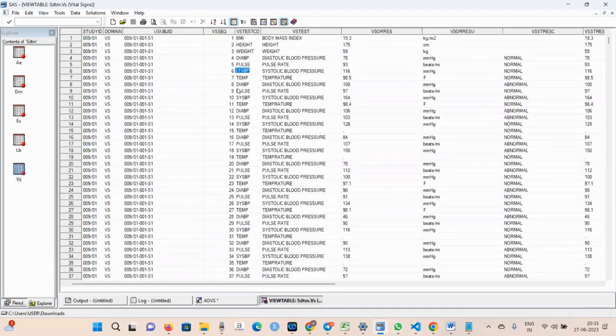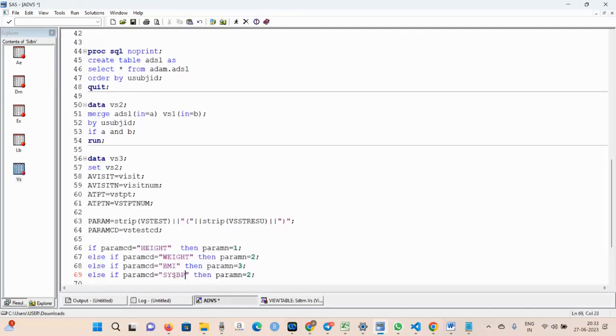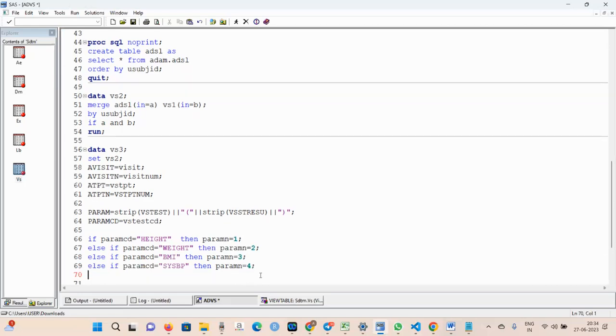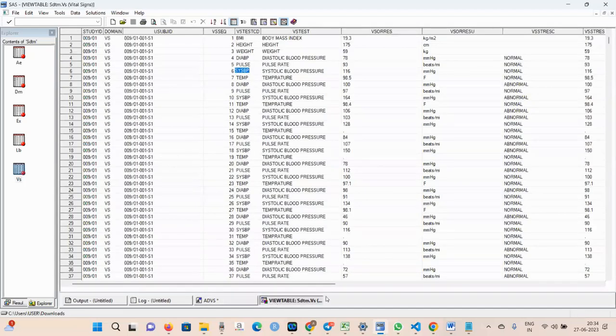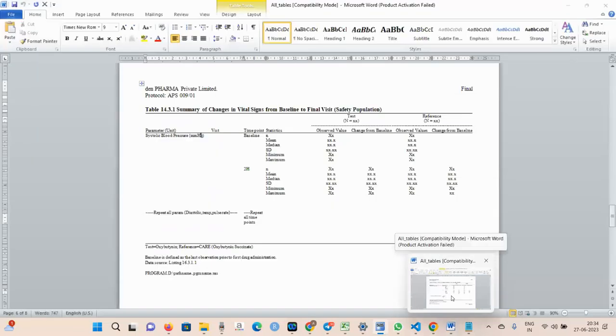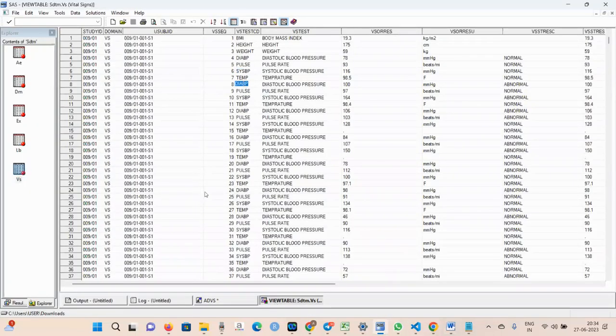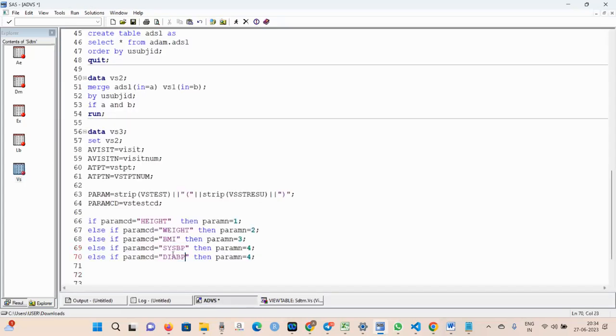So here the first one is this BP. Okay, so the parameter would be 4. So based on this one, the next one is diastolic, because when you sort, it comes like this.